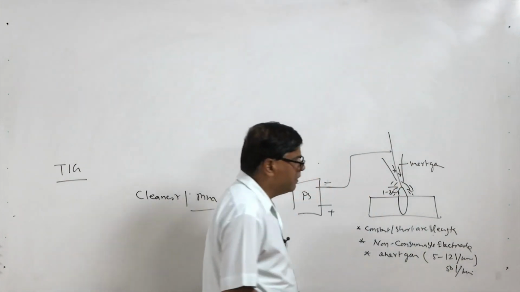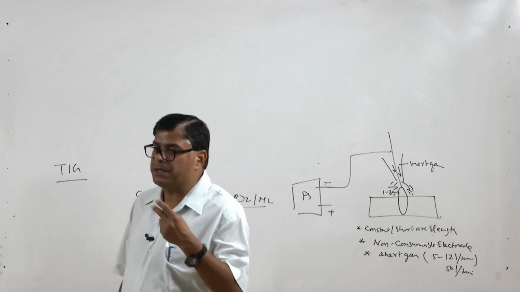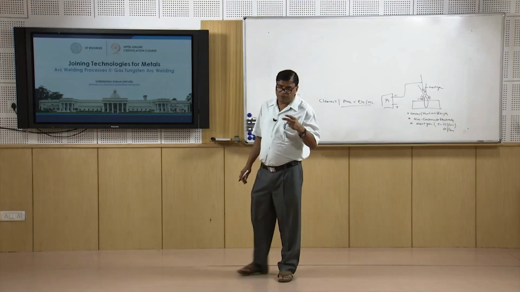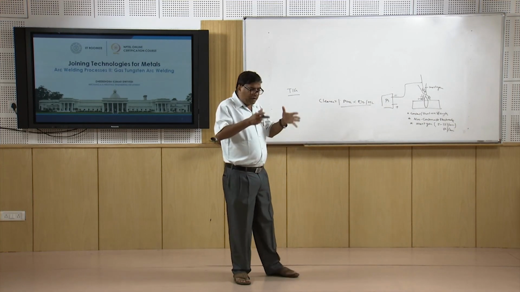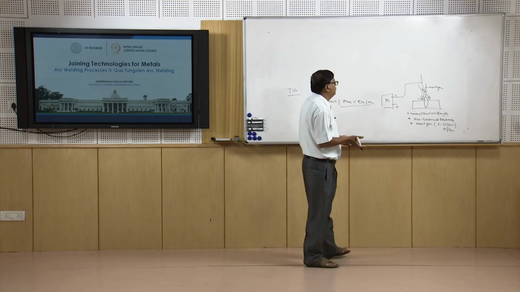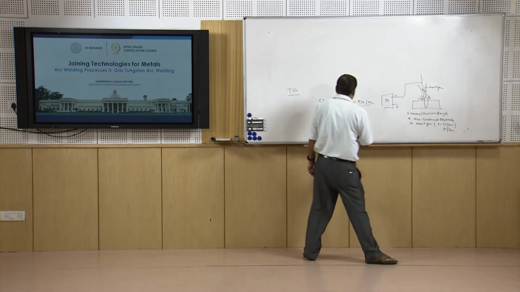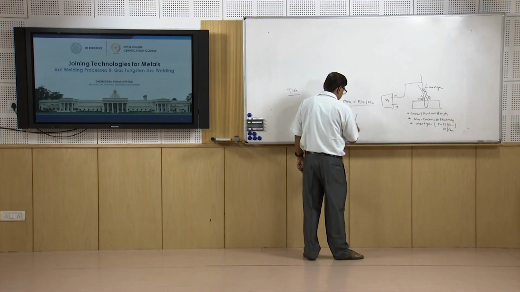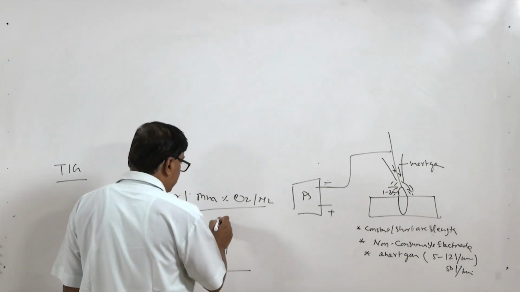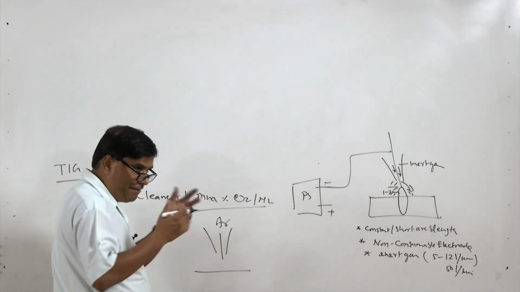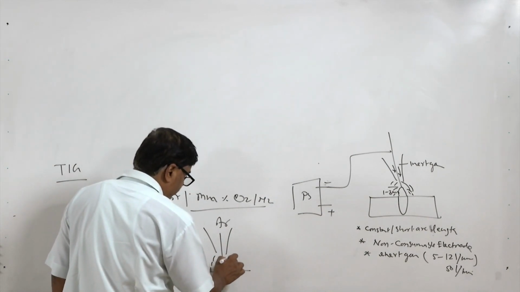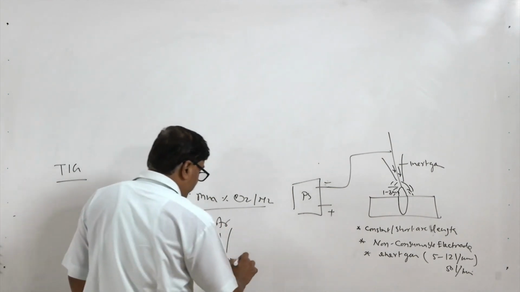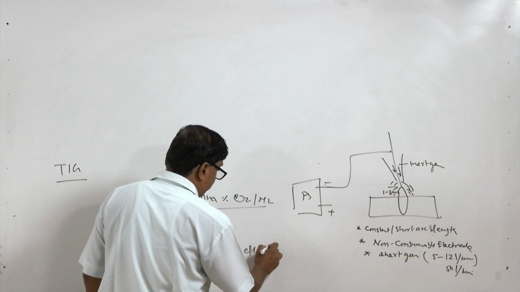The flow rate of helium is much higher, maybe 2 to 3 fold that of argon, because helium is lighter. Just after coming out of the nozzle it starts moving up. If this is the nozzle and this is the electrode, when we supply argon, being heavier than air, it settles down all around the weld pool and the welding arc, so it provides effective protection.